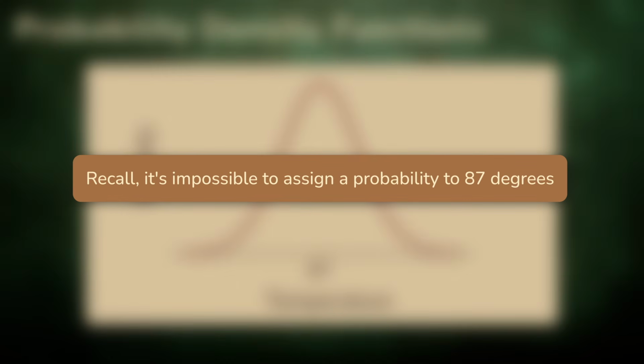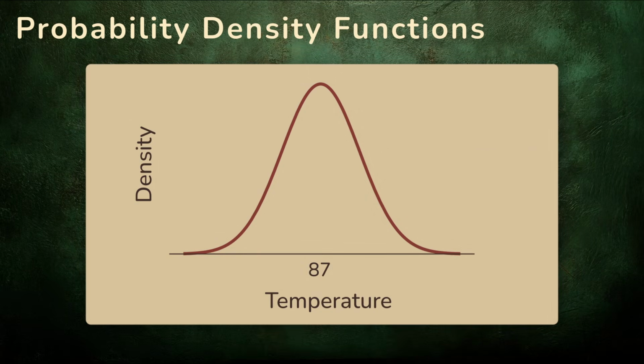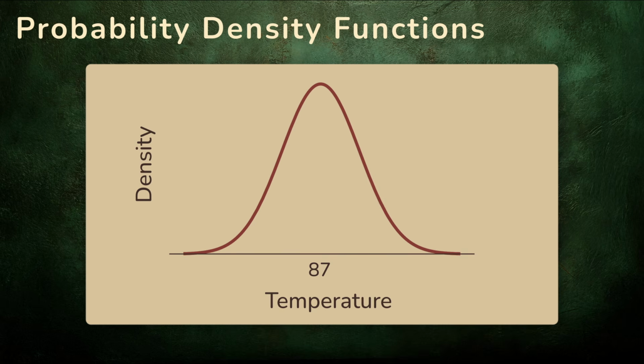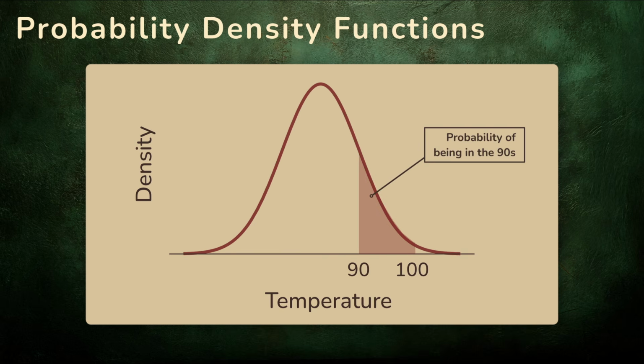But remember, there are an uncountable number of possible temperatures tomorrow, so we cannot assign a probability to it being 87 degrees. The probability of exactly 87 degrees is still 0. However, we can find the probability of regions and ranges of outcomes. The probability that it's in the 90s is the area under this curve from 90 up to 100 degrees.